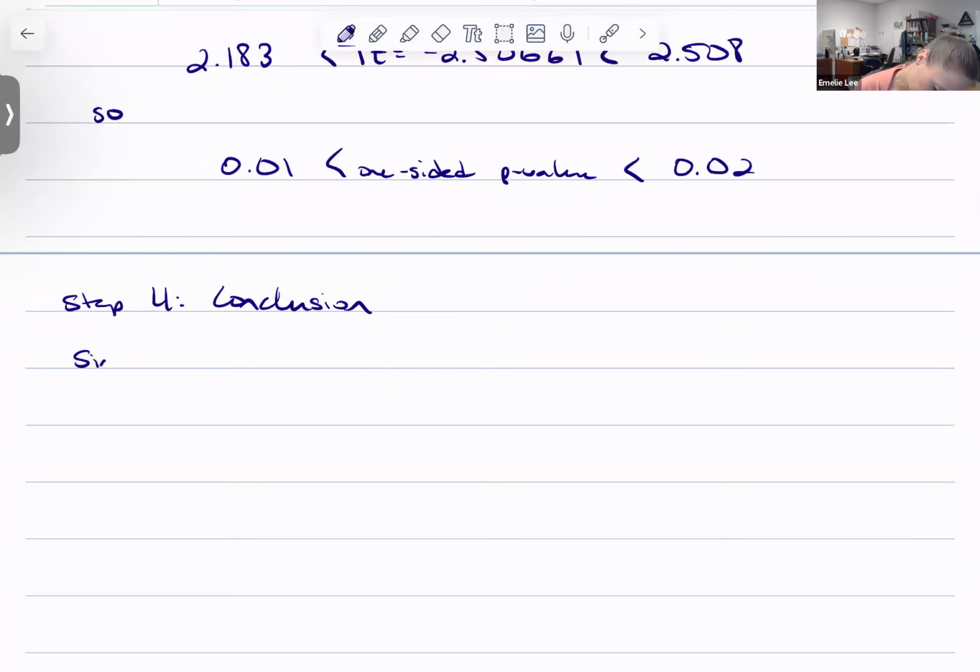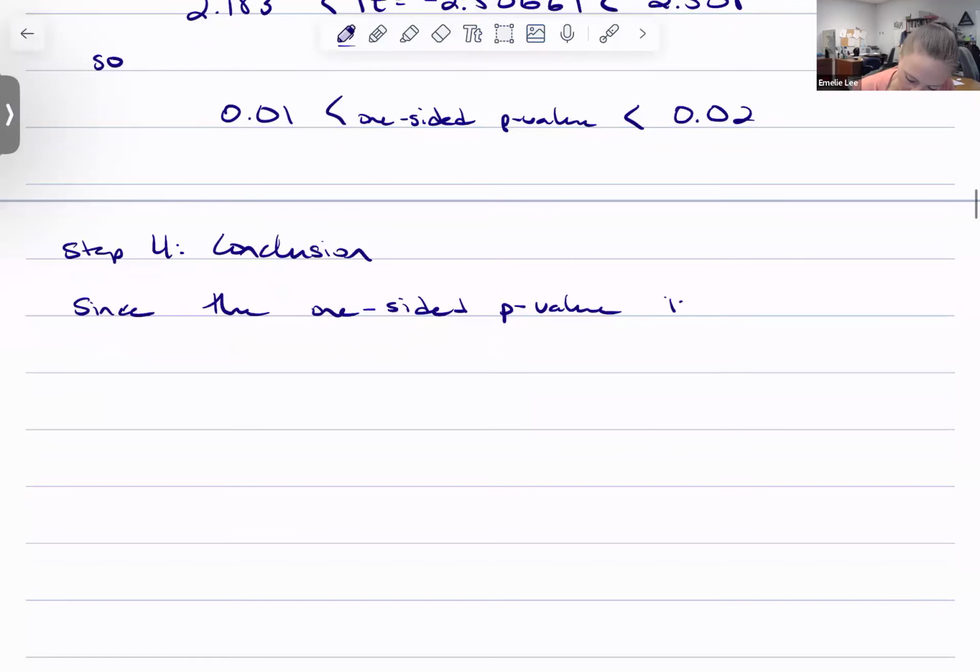So, same format as before. Since the one-sided p-value is between 0.01 and 0.02, those are both less than 0.05. And if it helps to draw a number line, then go ahead and do that, right?